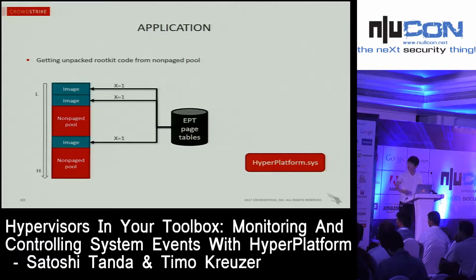And we are going to configure the EPT page tables to let image address spaces execute. Because those are driver image files, it's totally fine to execute. But non-paged pool is just a heap.